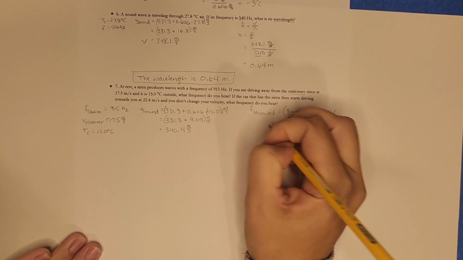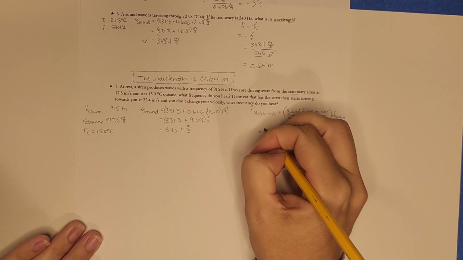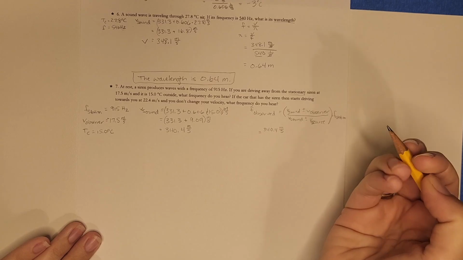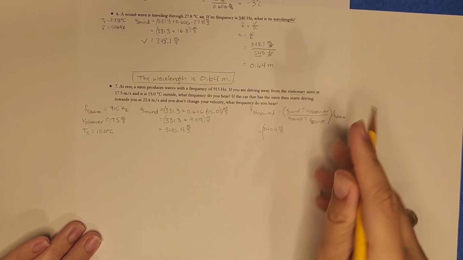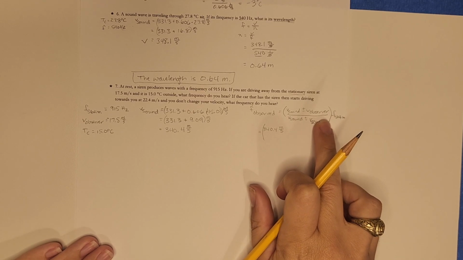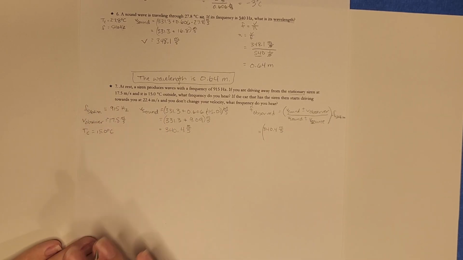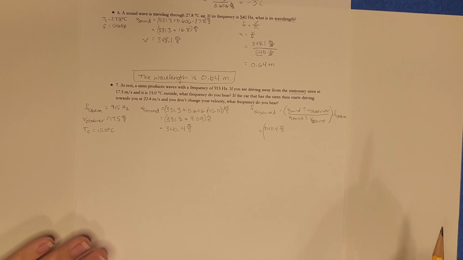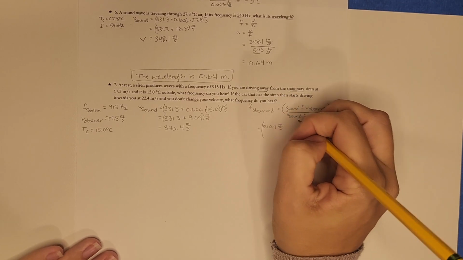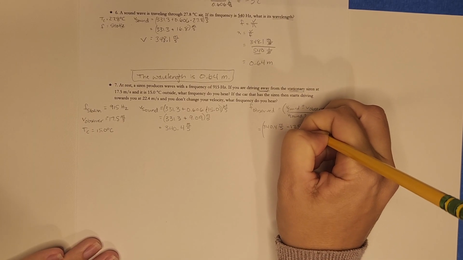I'm going to move this over just a little bit because I didn't leave myself enough room. Okay, so our velocity of sound here is 340.4 meters per second. And we're going to subtract the velocity of the observer, and that's why I put a negative here, because the observer is moving away from the siren. Okay, driving away from the stationary siren. So minus 17.5 meters per second.